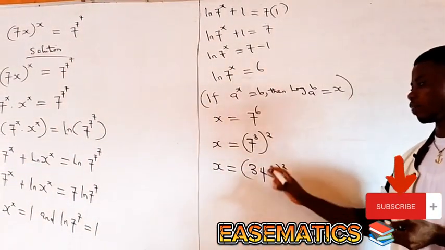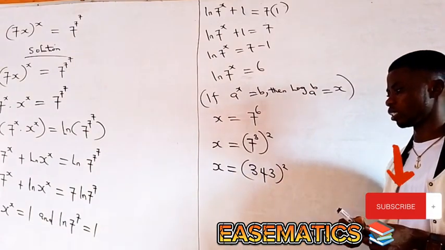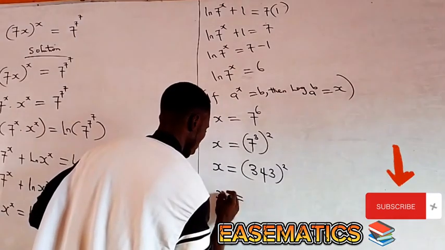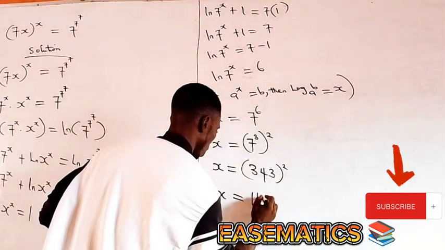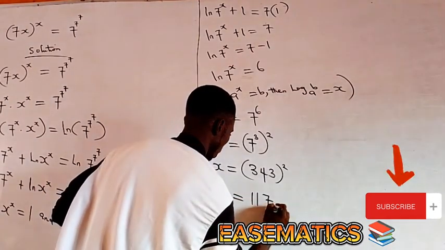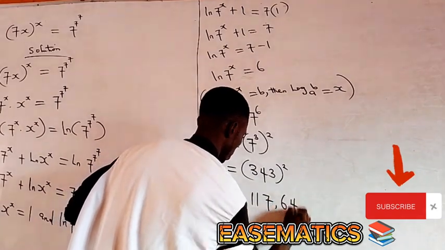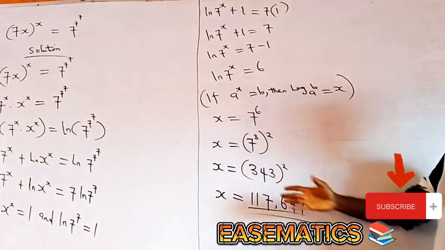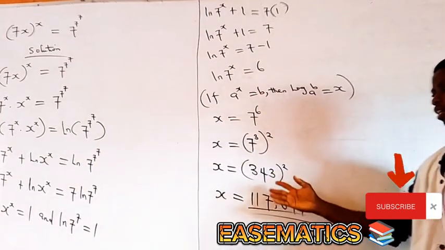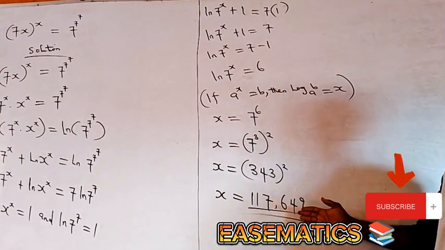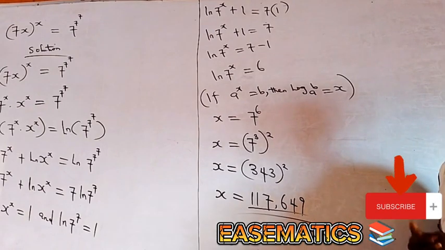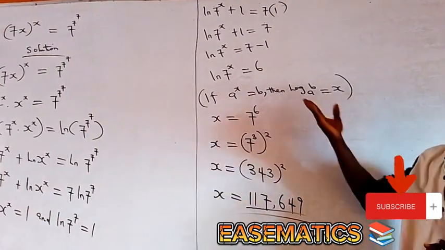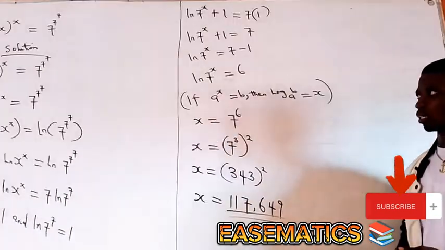And if I square 343, it's going to give me that x is equal to 117,649. Yes, the value of x here is going to be 117,649. And this provides us with the solution to this indicial equation.